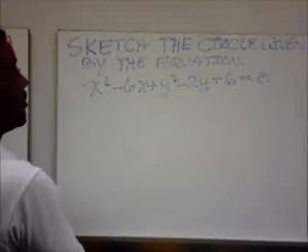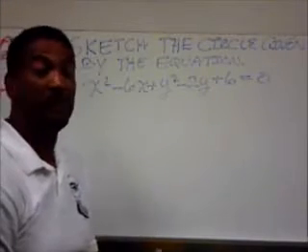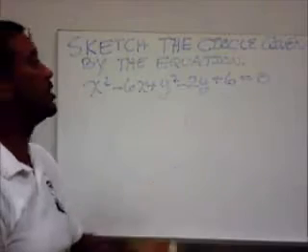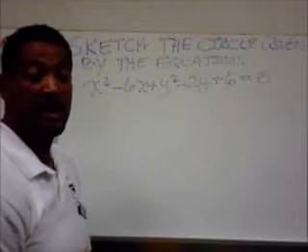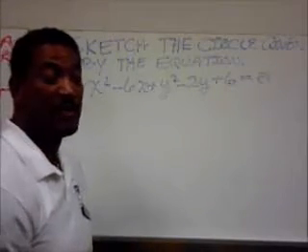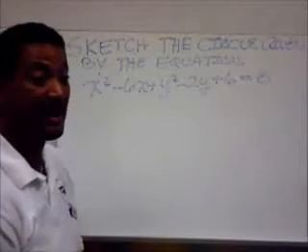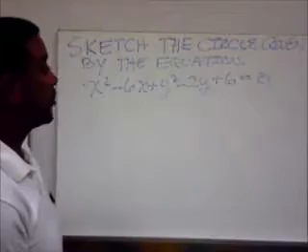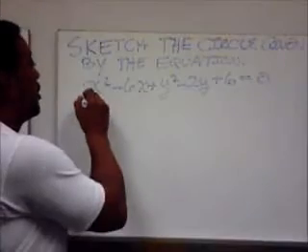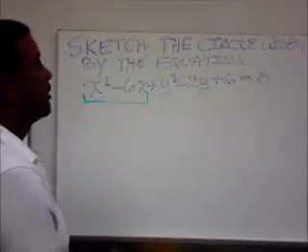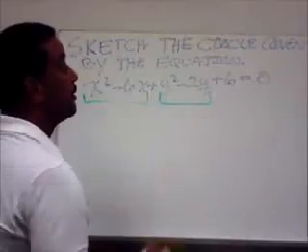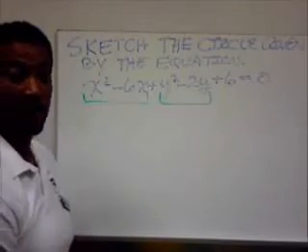Now, we want to sketch the circle given by the equation here. As I remember, the last few days what we've been working on is completing the square. This is where that comes in handy. We're going to use the first part and the second part as part of completing the square.